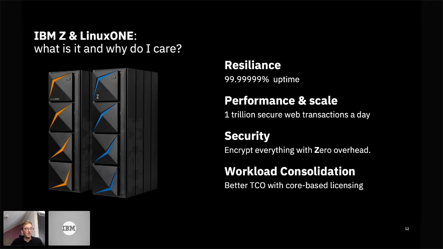It has really a lot of I/O offloading capabilities. So if you compare, for example, one database workload and ask how many cores you need on an x86-based system, you get to numbers like 5 to 10 times more x86 cores required to run the same workload as with the Z machine.